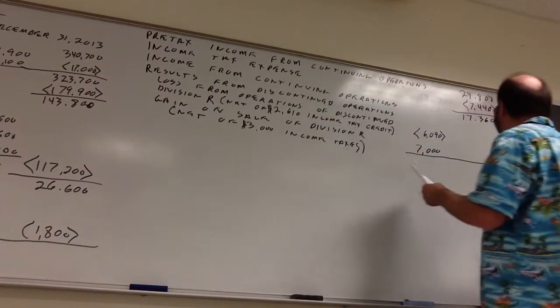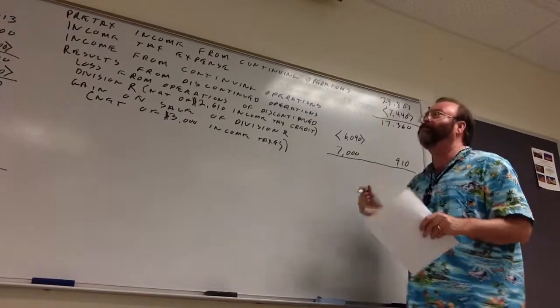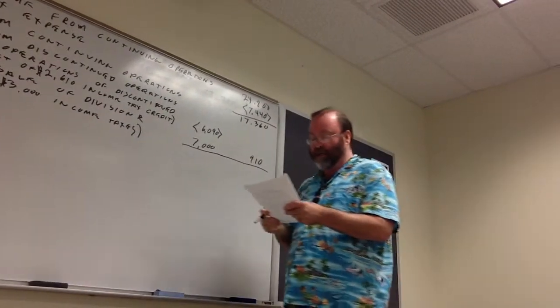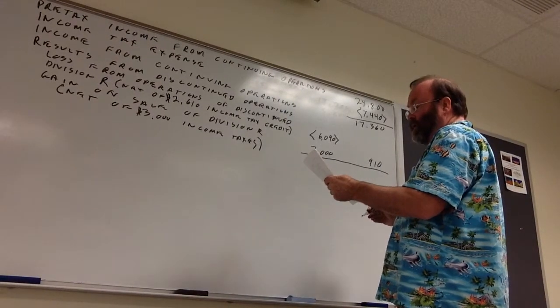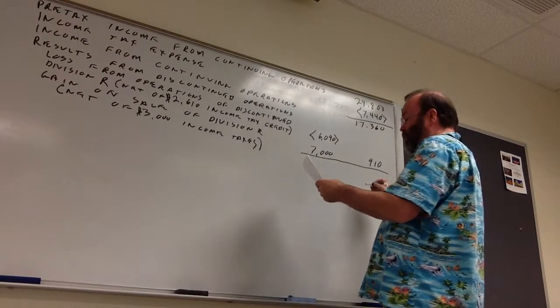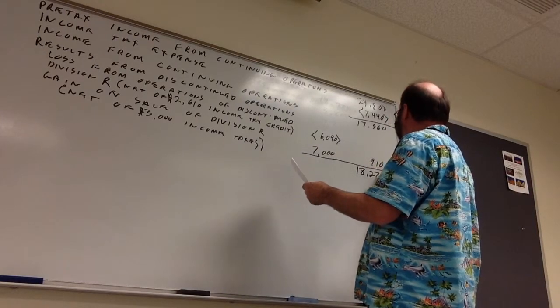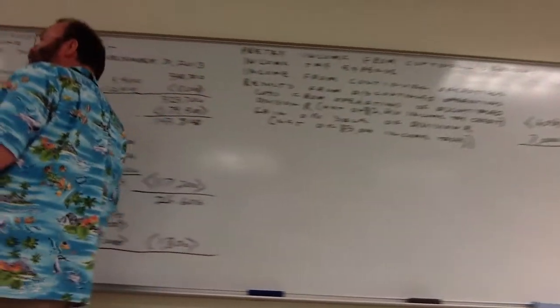Add those two together, you get a net positive from discontinued operations of $910. Add that to the income from continuing operations, and you get $18,270 income before extraordinary items.